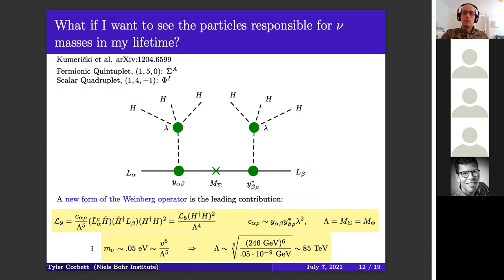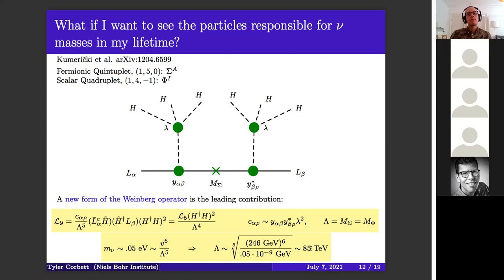And if I do the same procedure that I did in the last slide and set the neutrino mass scale to 0.05 eV, I get vev to the 6th over lambda to the 5th. Solving for lambda, I instead get order 100 TeV. So instead of 10 to the 15 GeV, I'm now down to a more reasonable mass scale. Still not something we'll see in a collider experiment in our lifetimes, but something more reasonable.